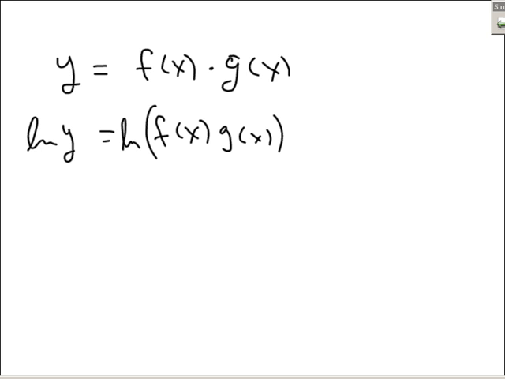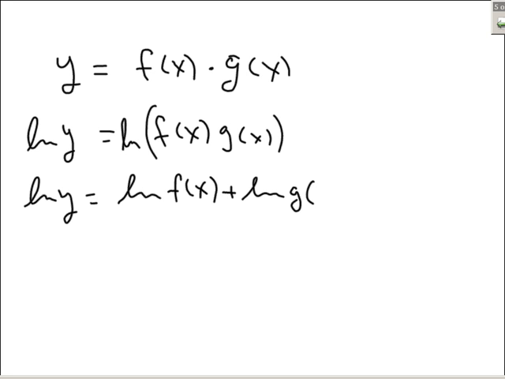I'm not touching the left side yet. On the right side, we have ln of a product. Well, that's ln of f of x plus ln of g of x. This is my a, and that's my b. ln of ab is ln of a plus ln of b.